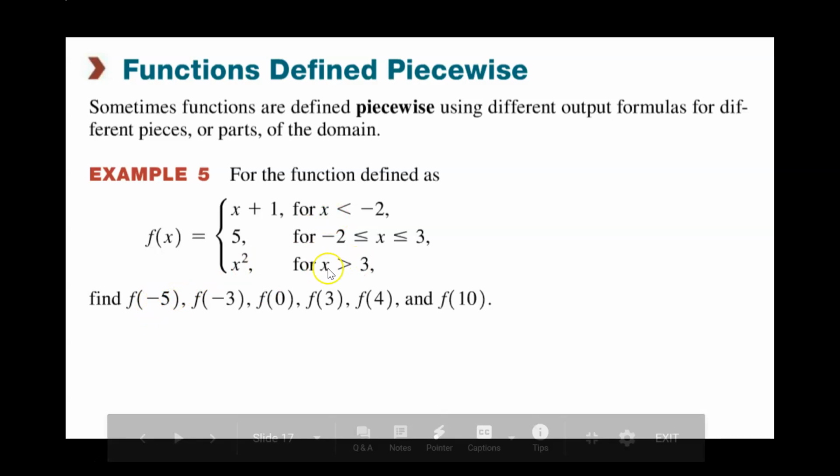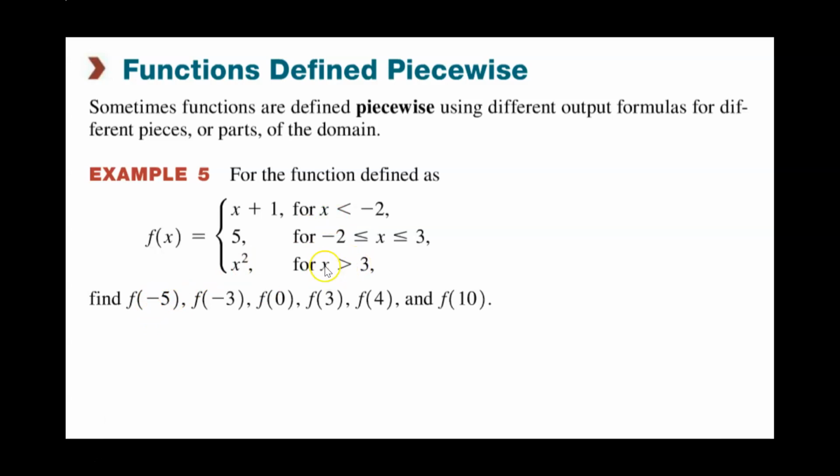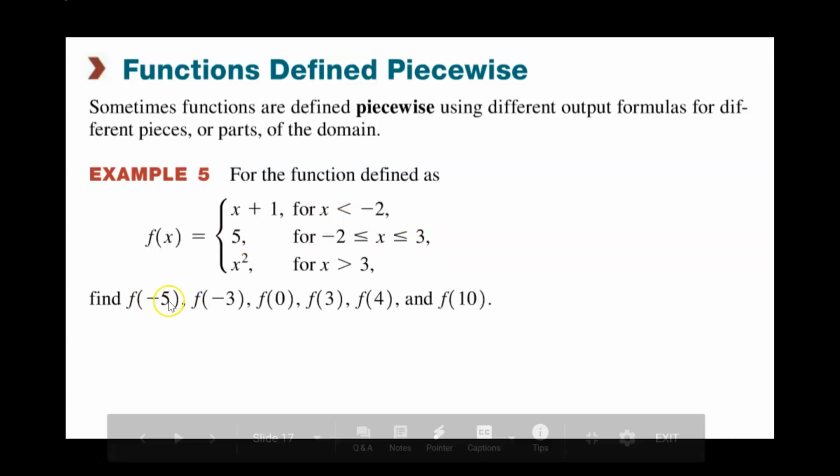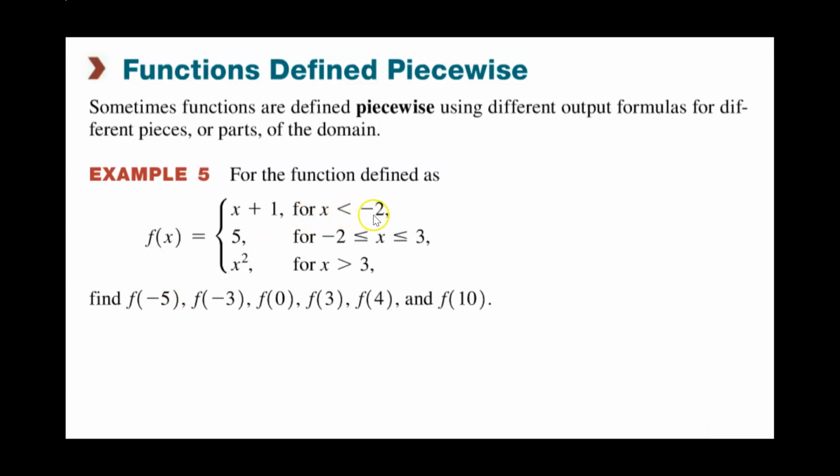Is negative 5 greater than 3? I don't think so. So we can put an X on this one because I'm not using it. Negative 5 is not in between negative 2 and 3 either. So we can get rid of this second part. The only one that works is the first one because negative 5 is less than negative 2. So this is the one we're actually going to use.